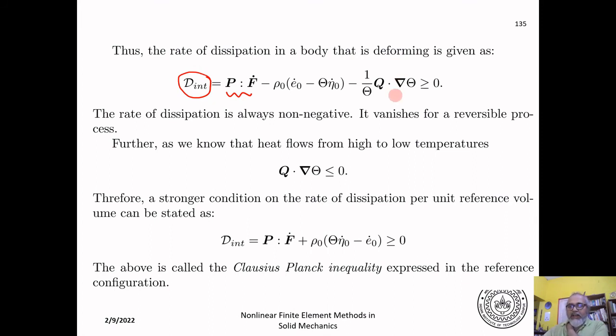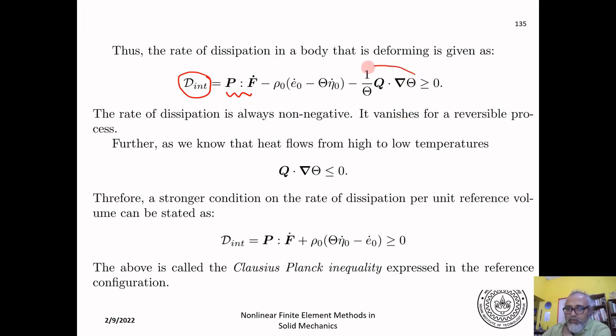Also, we know that heat flows from high temperature to low temperature. So the gradient of the temperature will be negative. So Q and the gradient of temperature are going to have opposite signs, so that Q dot gradient of theta is always less than 0.